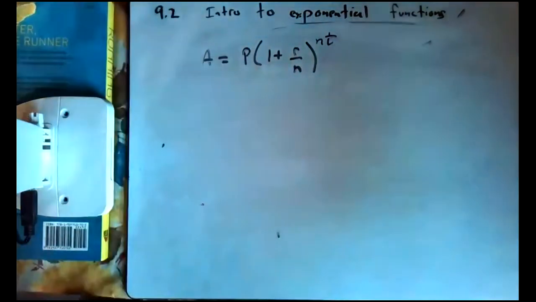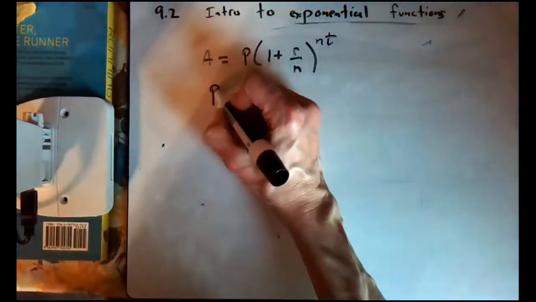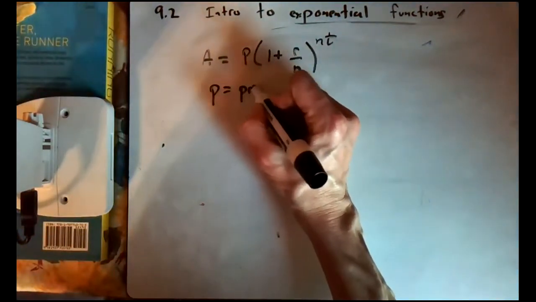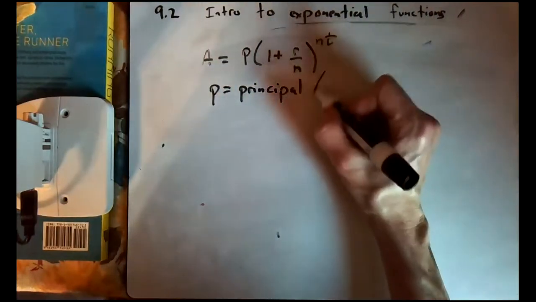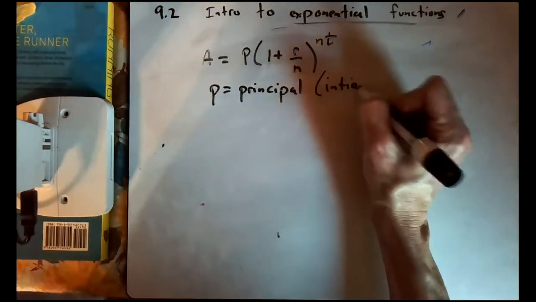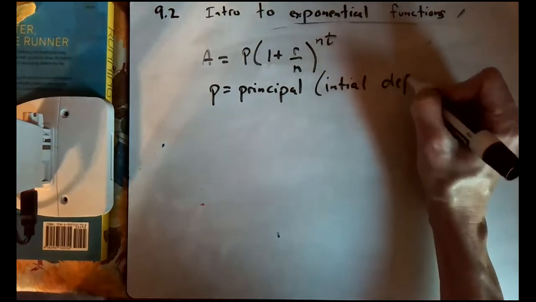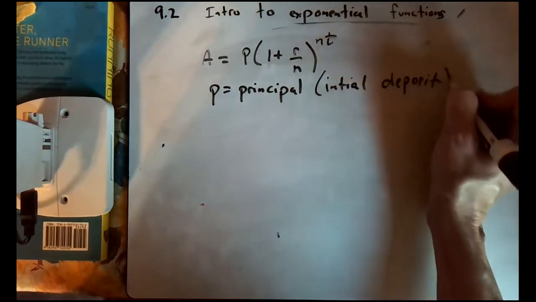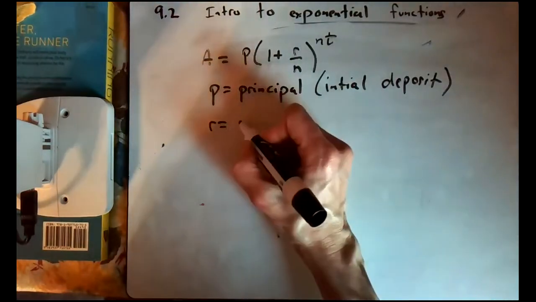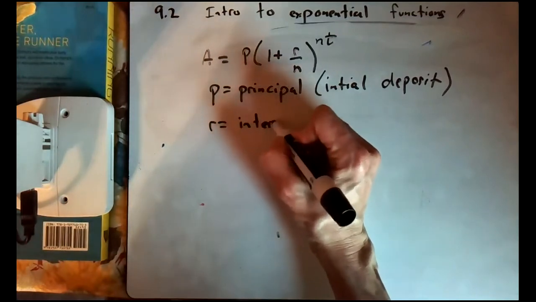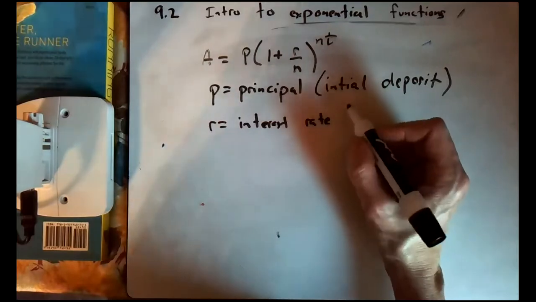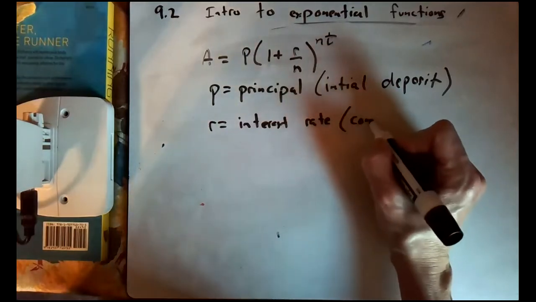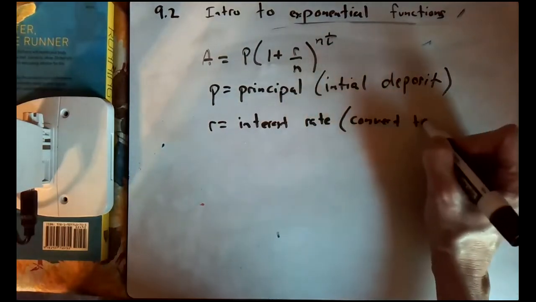And what does all this stuff mean, right? P just stands for the principal. That's what you start with, okay? If you don't know what that means, that's the initial deposit. R is the rate, the interest rate. Really important with that, though, you want to convert it to a decimal when you're calculating.